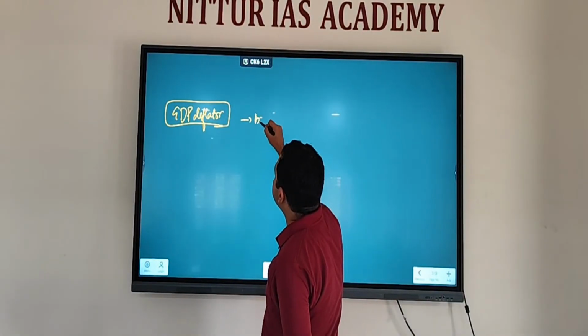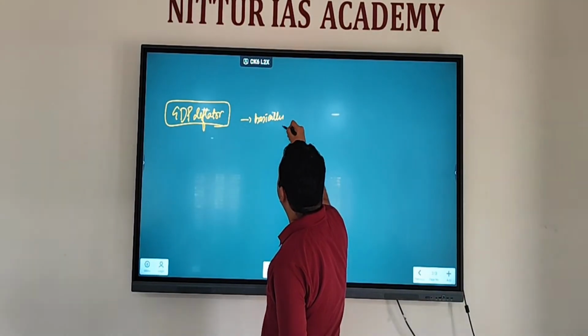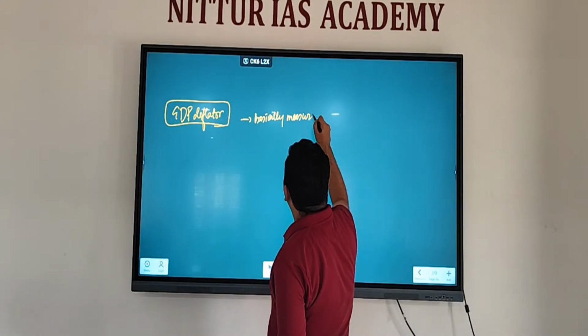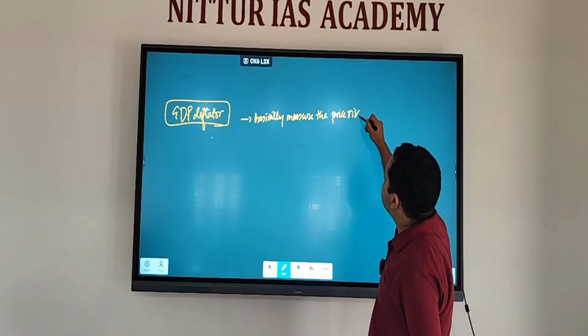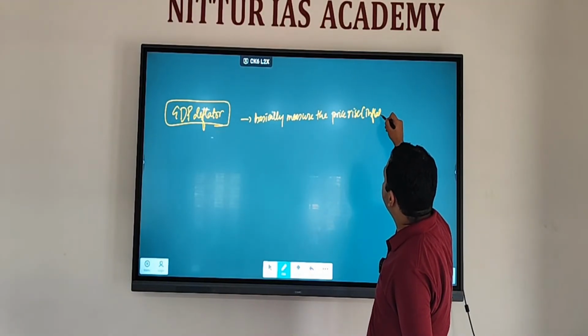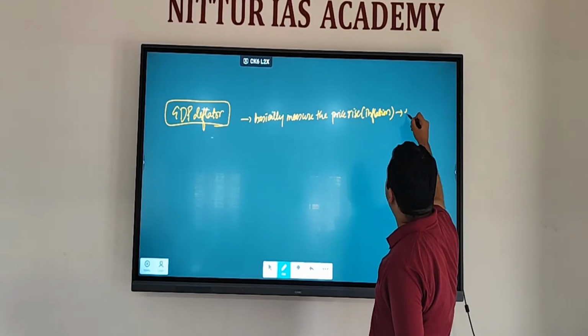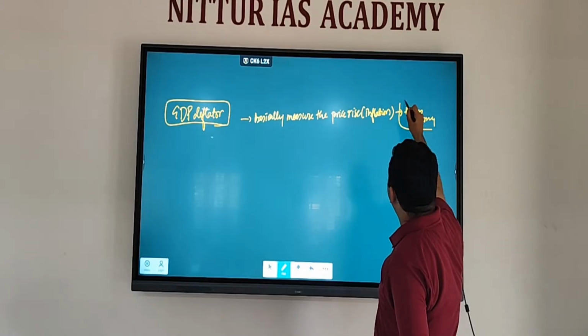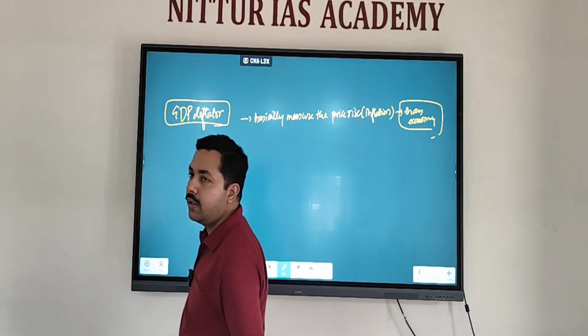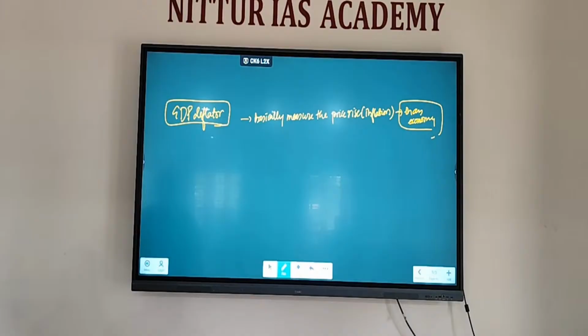It basically measures the price rise or inflation in an economy. So this is what is measured by the GDP deflator. What is GDP deflator measuring? It basically measures the price rise or inflation in an economy. That thing you have to keep in mind.